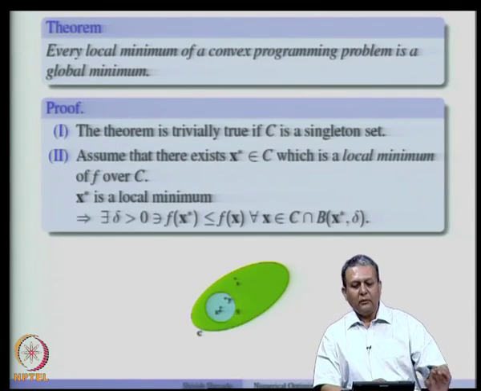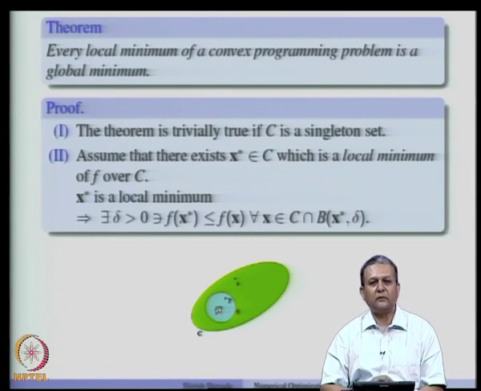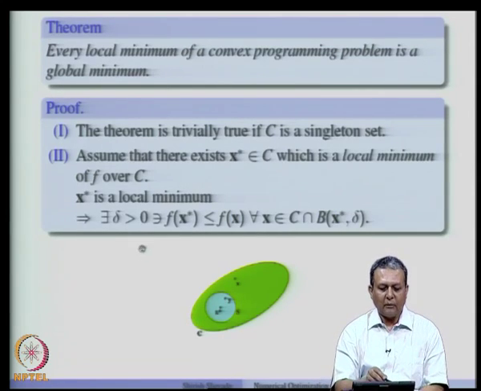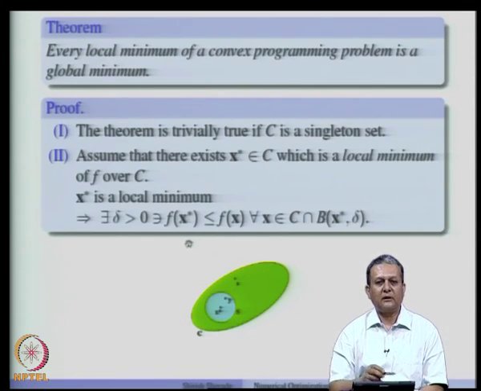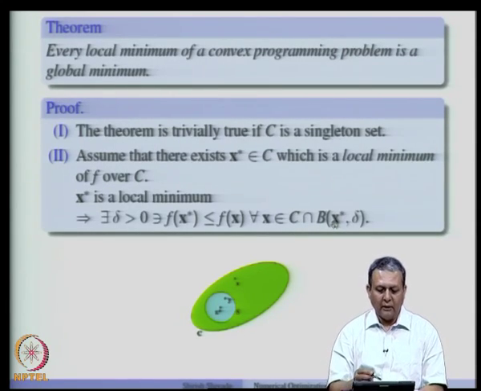Now, let us assume that there exists some x star belonging to C, which is a local minimum of f over C. So, by the definition of a local minimum, there exists a delta neighborhood of x star, such that f(x star) is less than or equal to f(x) for all x in the region C intersection the delta neighborhood of x star.